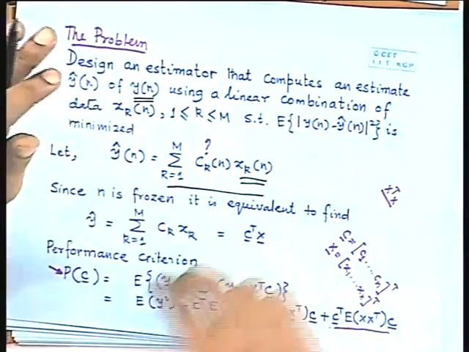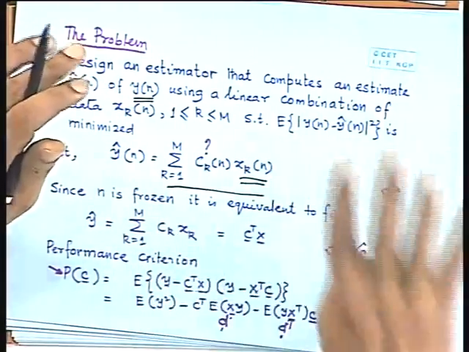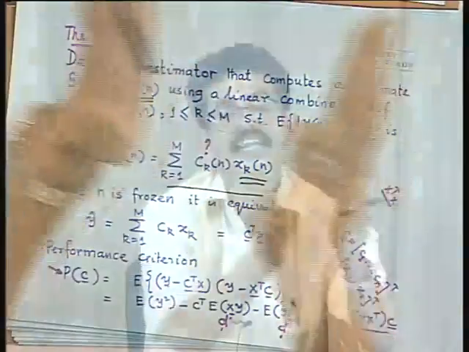But the basic problem is that you are given some signals x, and based on its samples you want to estimate some other signal y using linear functions, such that the minimum mean square error in estimation occurs. This is the linear minimum mean square estimation problem.